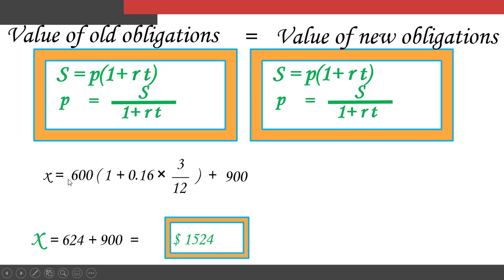So X equals $600 times 1 plus 16% times 3 over 12 plus $900. So the value of all the obligations equals 1,524, which equals the value of new obligations.